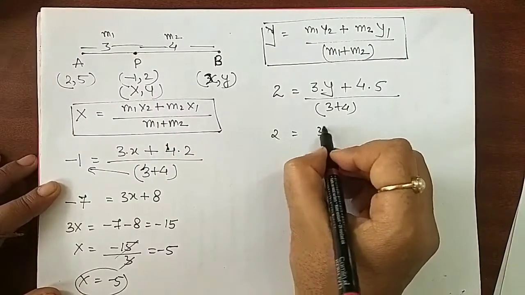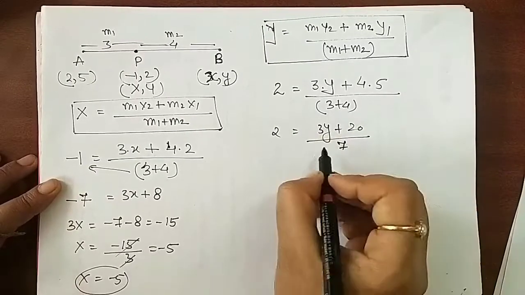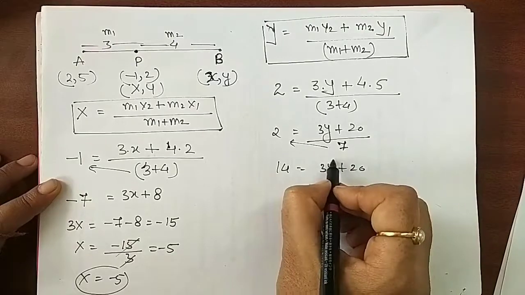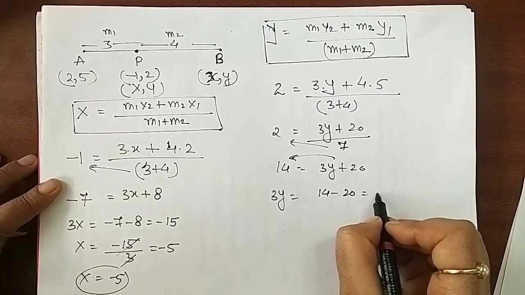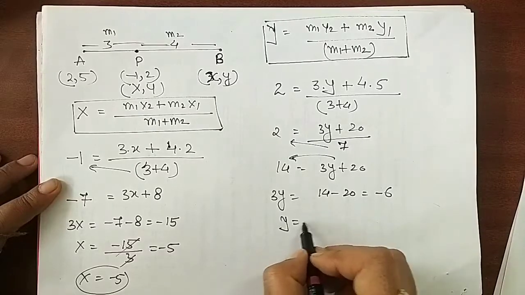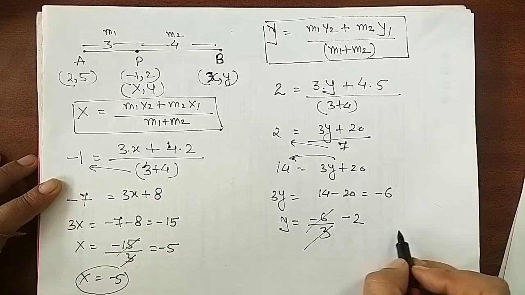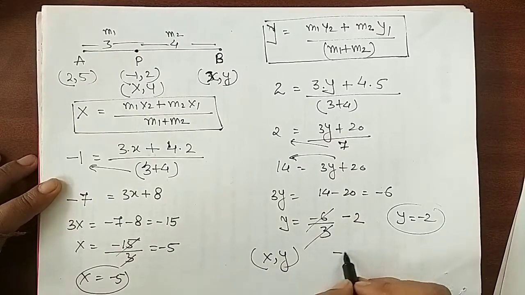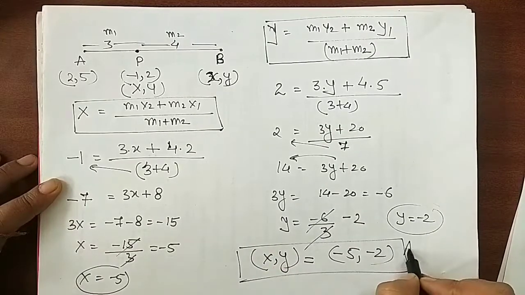So 2 is equal to (3y plus 20) by 7, since 3 plus 4 is 7. This will go here: 14 is 3y plus 20. 20 can go here. So 3y is 14 minus 20, which is -6. So y will be -6 by 3, which is -2. So y is -2. So I got the point, guys, x comma y is -5 comma -2. This is my answer.